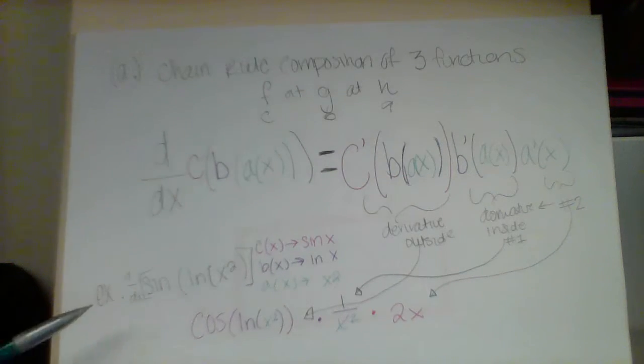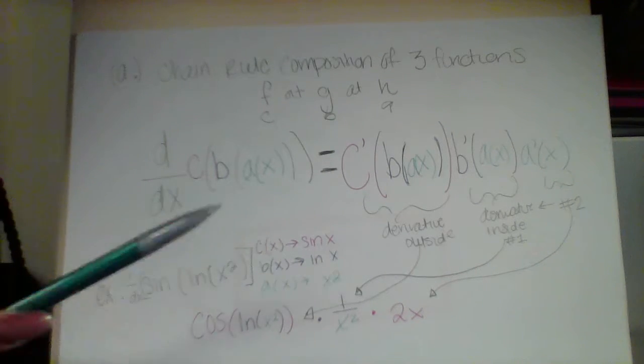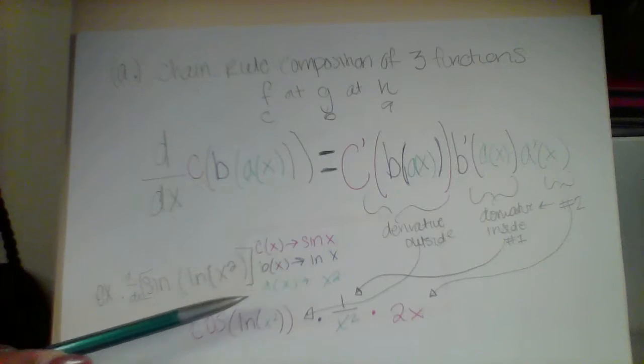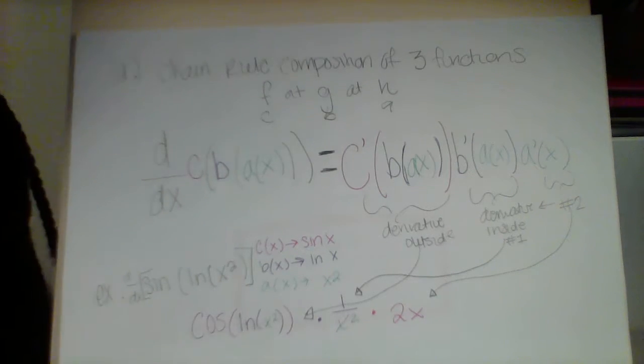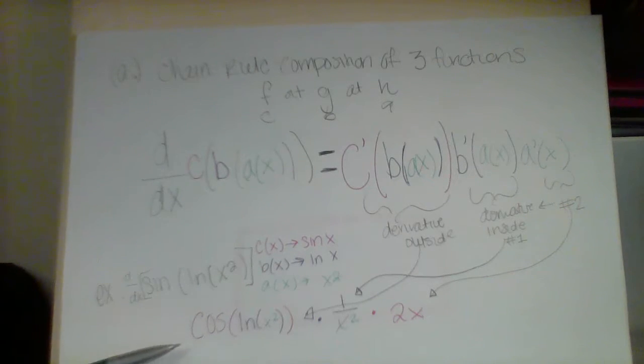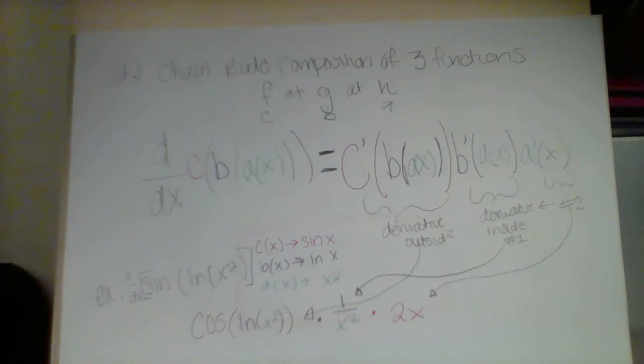And so as an example, we'll try the derivative of sine ln of x squared. So your c of x is sine x, your b of x is ln x, and your a of x is x squared. It's really easy to write it out this way so you know to work from your outside in. So outside is cosine of ln of x squared because the derivative of sine x is cosine x.